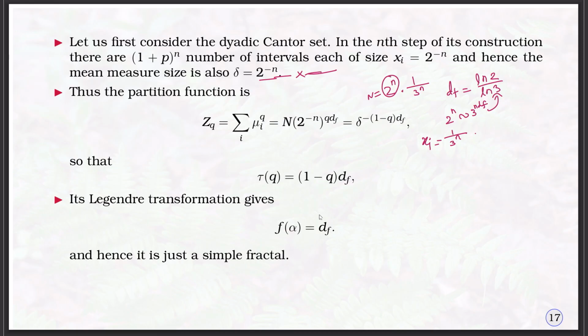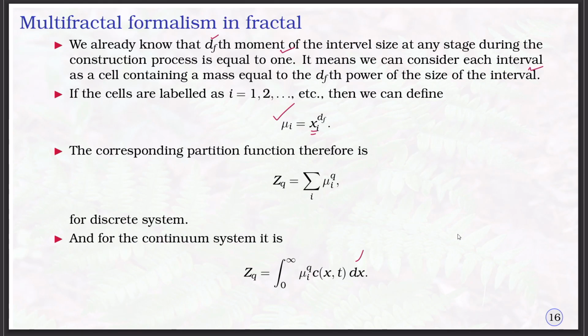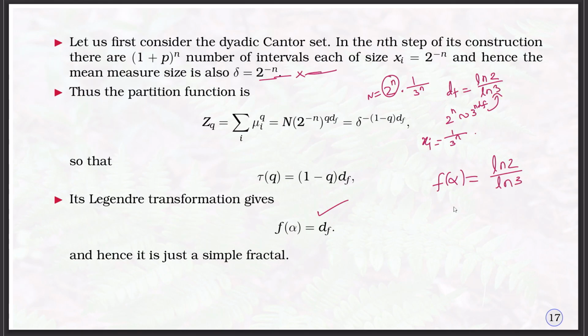Applying the Legendre transform, f of alpha equal to df, that is ln 2 by ln 3. So the multifractal spectrum, if we draw it with respect to alpha and f of alpha, gives a single value of the exponent alpha, not even a straight line, just a single exponent.